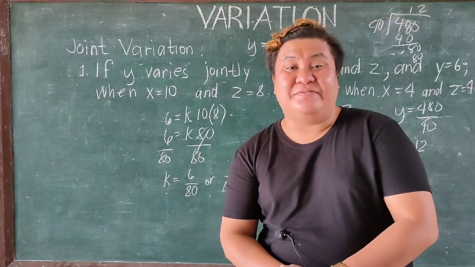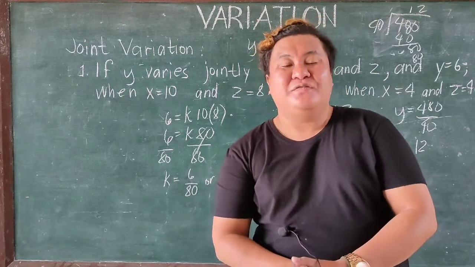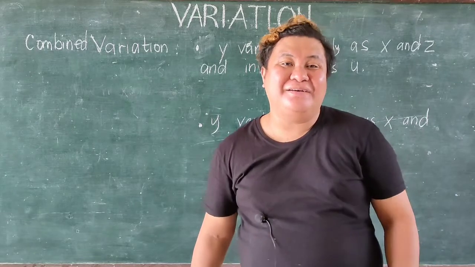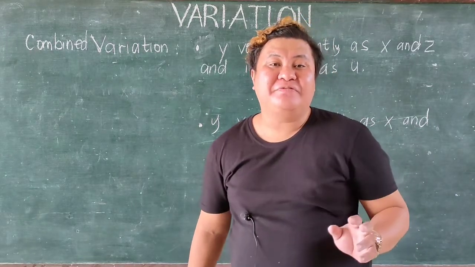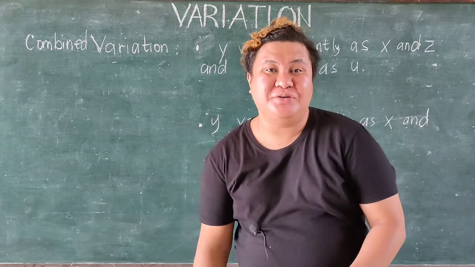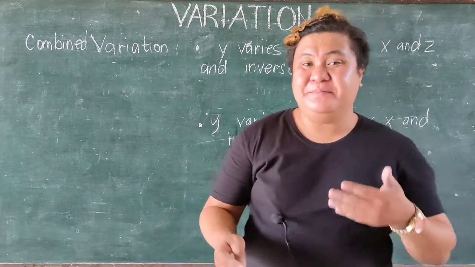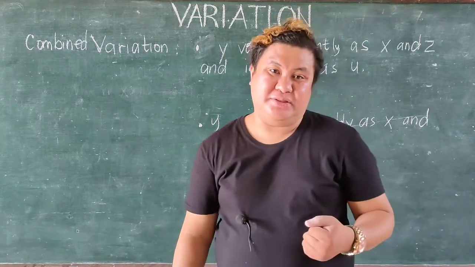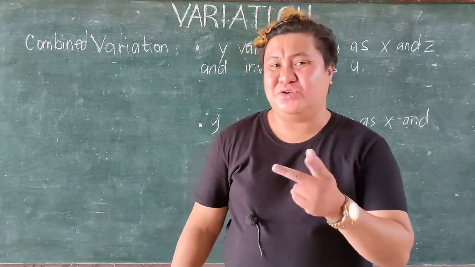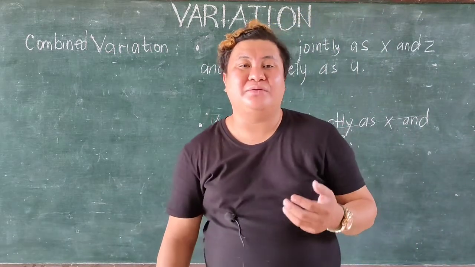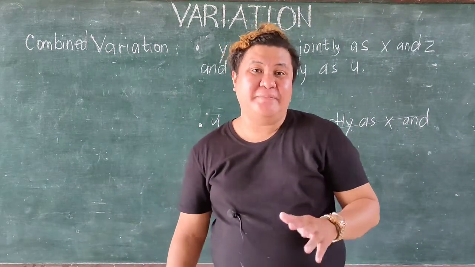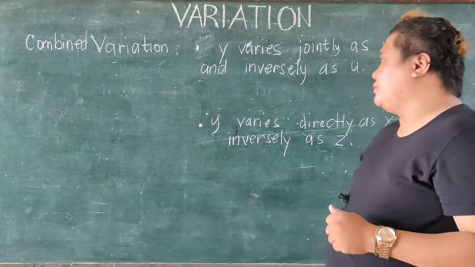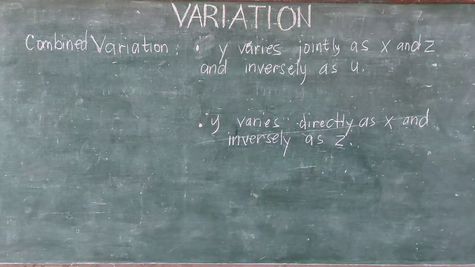And now, let's have the last one, the combined variation. Combined variation means you combine direct, inverse, or joint. It can be joint, or inverse, or direct. From the first statement, we have y varies jointly as x and z and inversely as u.